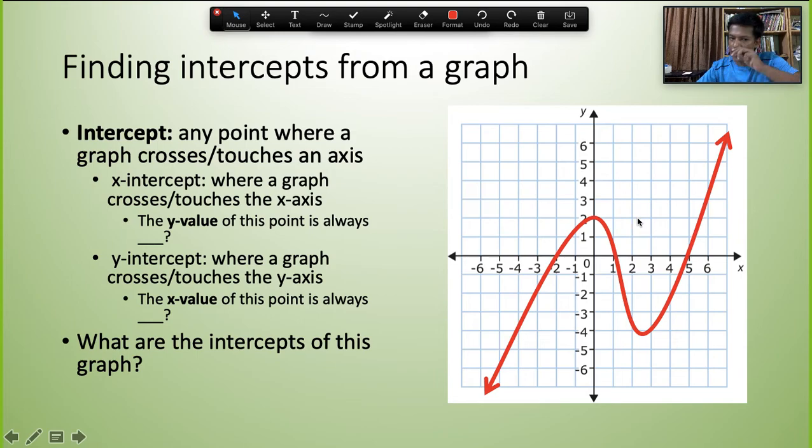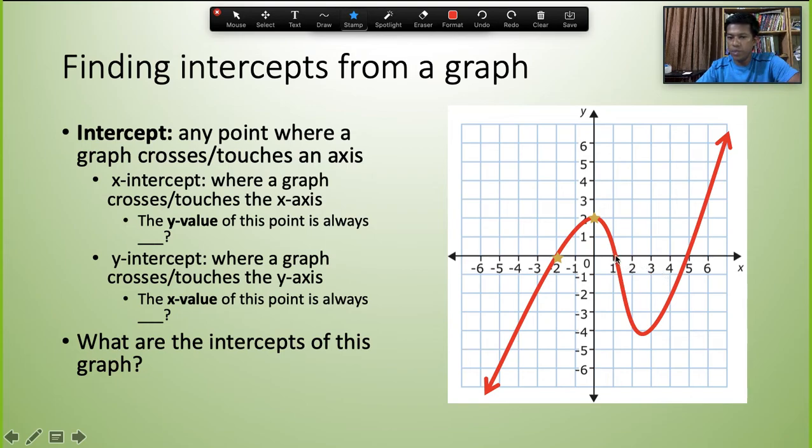Okay, now let's look at the graph, this one. What is the x and y-intercept here? First of all, you can see that there is an intercept here. This is the y-intercept, so what is the value of the y-intercept? 2. 2 is the value of the y-intercept. What is the value of this x-intercept? -2.